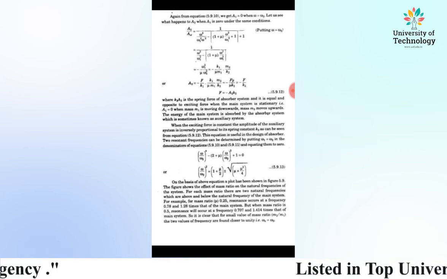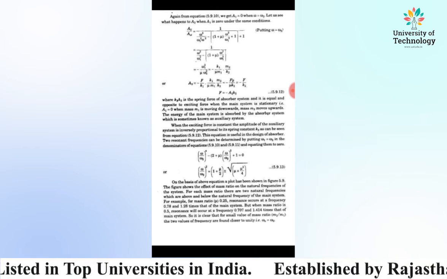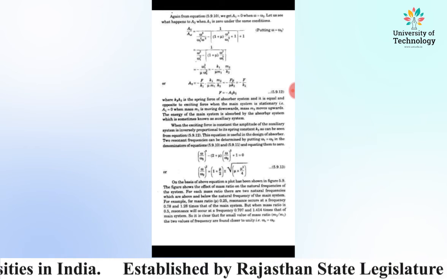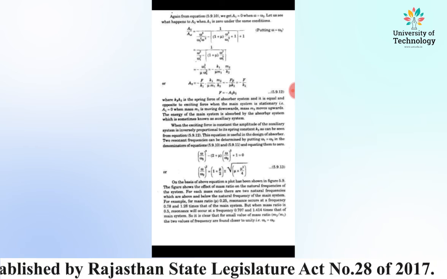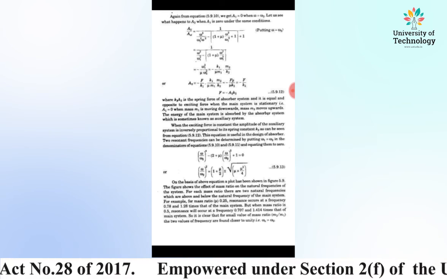When mass m1 is moving downwards, mass m2 moves upwards, and the energy of the main system is absorbed by the absorber system, which is sometimes known as the auxiliary system.